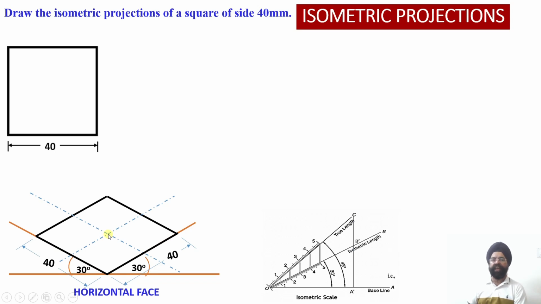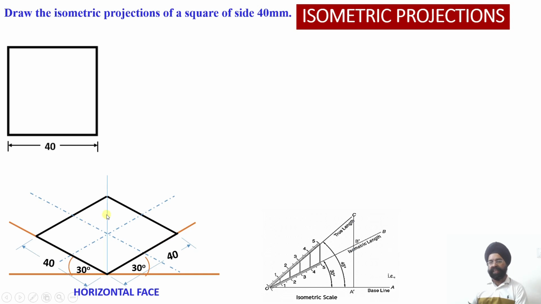Another thing we need to remember very importantly, that angles are not preserved in the case of isometric projections. So the 90 degree angle which used to be here gets distorted. So angles are distorted. And another thing, in case of any square, the two diagonals happen to be equal, and moreover they are at a 90 degree angle.